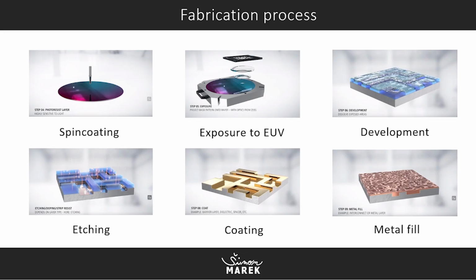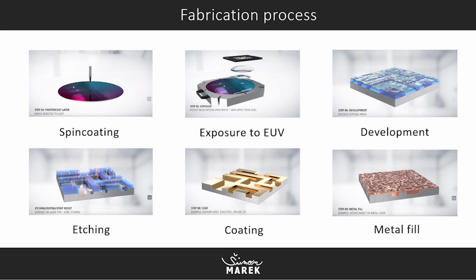Next, we do exposure to some type of lithography machine. Not sure about the specifics, EUV or UV might be fine for this. Next we have development in a chemical solution.